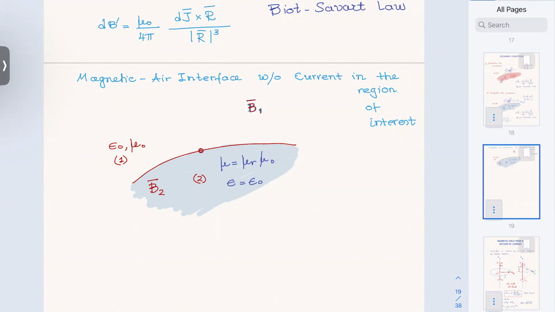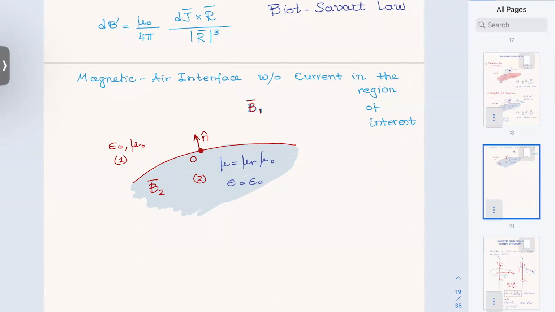So now I'm going to take here a point, consider a point, say O, observation point, and then I will also take the direction or the vector, which is normal to the interface at that point.